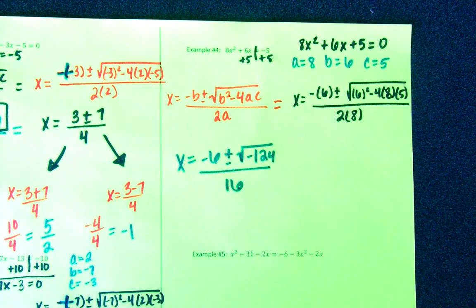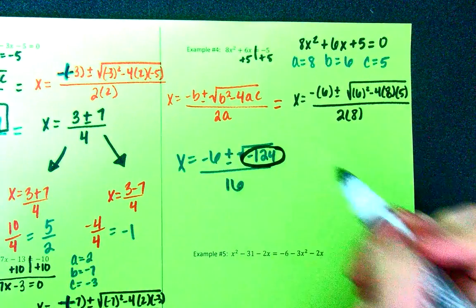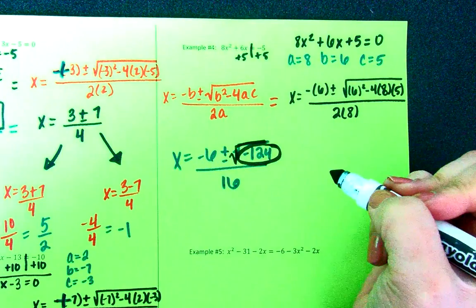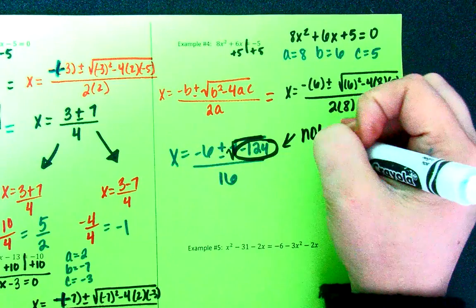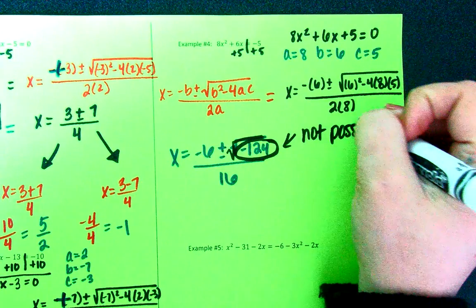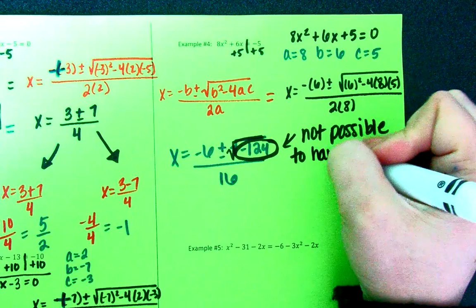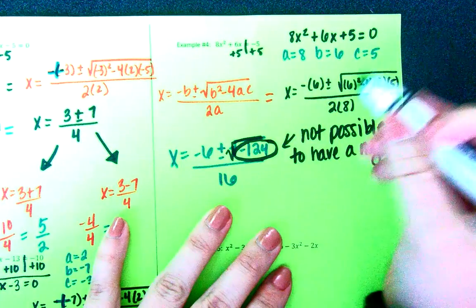Now here's the tricky part. You cannot have a negative number underneath a radical or underneath the square root. That is not possible.